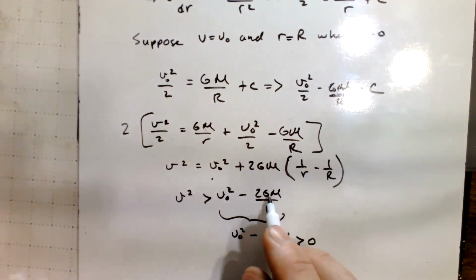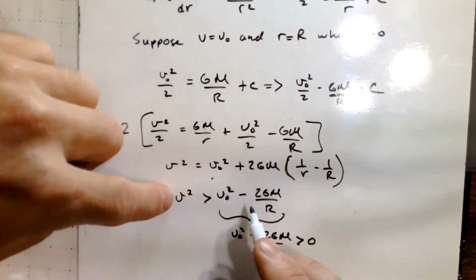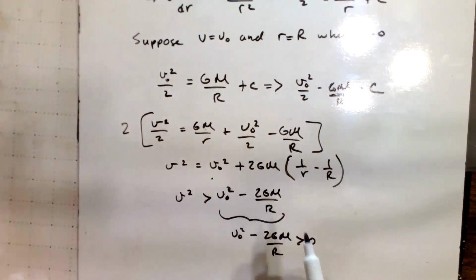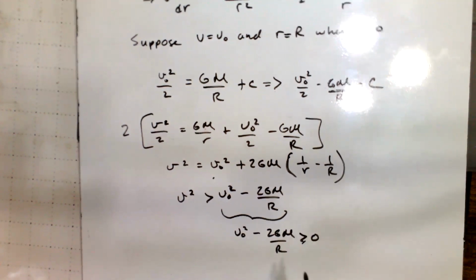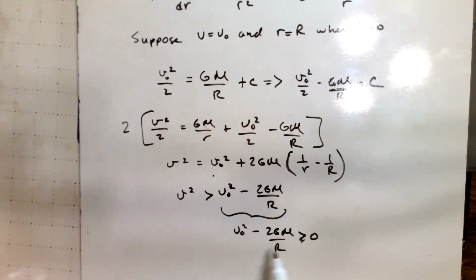Yeah, if the other term starts to dominate, then this becomes less, which means this will be less, and eventually they'll reverse the velocity and make it come back down. So we definitely want this to be the case. We need this to be at least greater than or equal to 0, not necessarily strictly greater than.